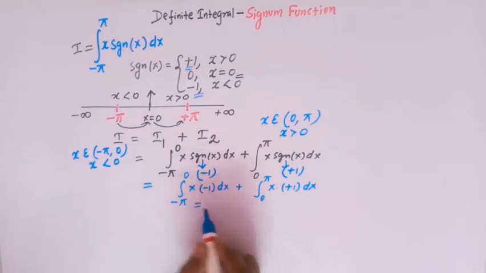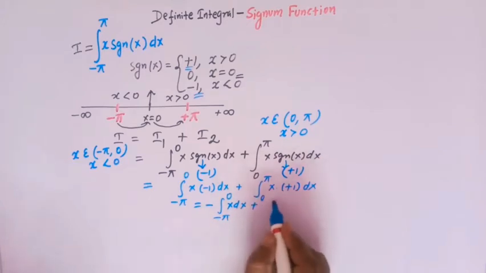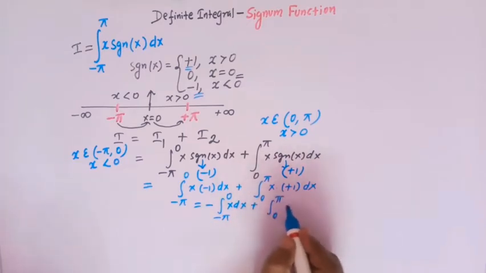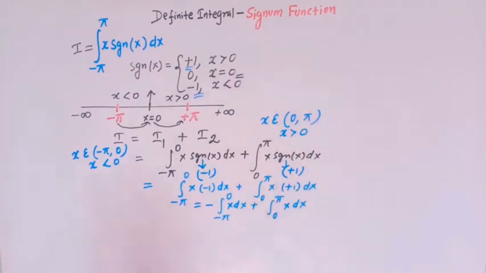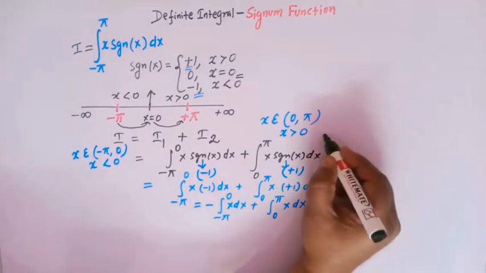So now we can write it as minus the integral from minus pi to 0 of x dx plus the integral from 0 to pi of x dx. Now we have two simple integrals, and these can be easily evaluated.